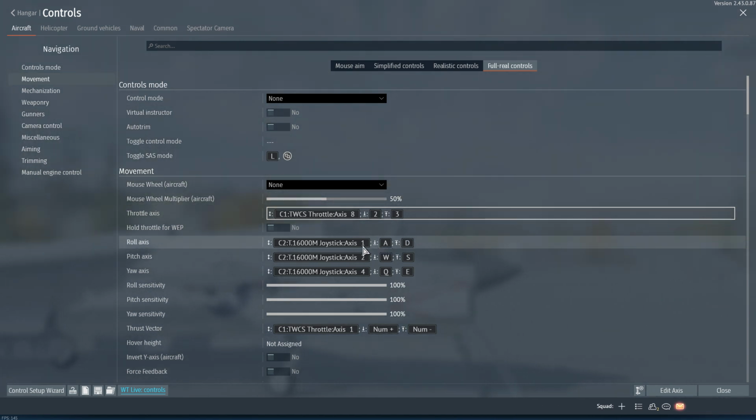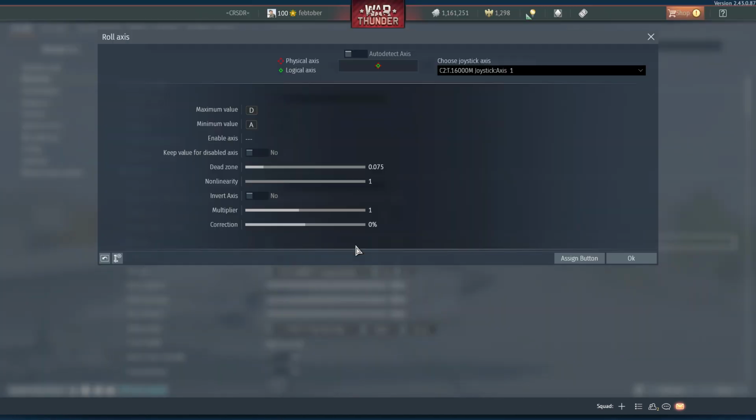Come down to roll axis, and auto detect works for me. These match up. Scroll down to dead zone. My dead zone is 0.075 because on my joystick there was a little bit of a wiggle, or it would touch.